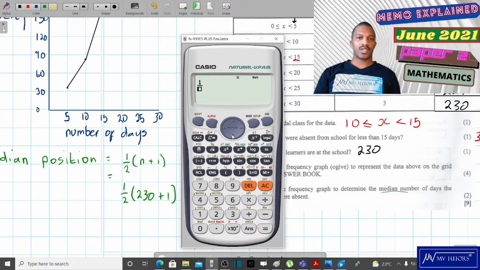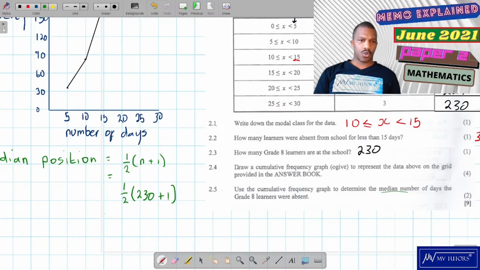So 1, and then we'll put a 2 downstairs. Go to the side, open a bracket, put 230 plus 1, close the bracket, and what's that equal to? Let's have it in decimal. 115.5. Let's make it 116. Cool, 116.